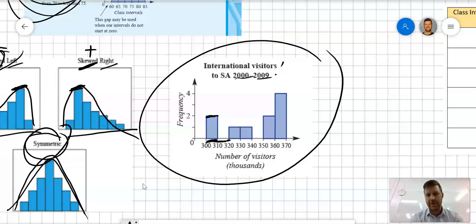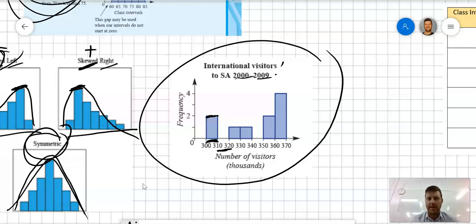Between 310 and 320 it didn't occur at all. So that's why there's a gap there. That's representing a value of 0. So no instances where between 310 and 320 international visitors came to South Australia in those years, at least anyway.